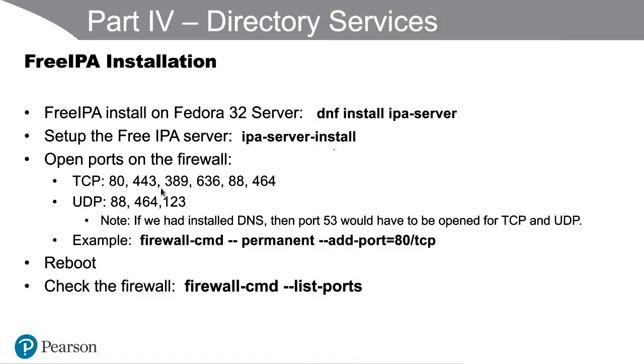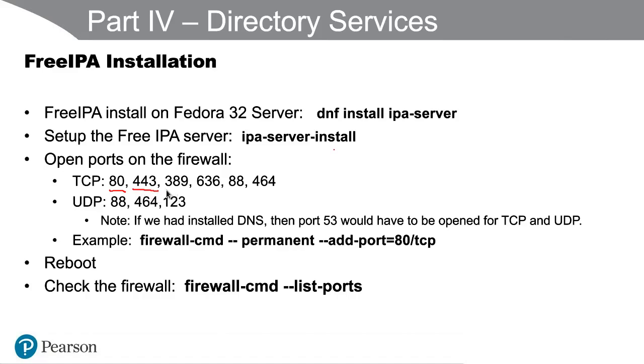And what you see here, we have port 80. Port 80 is HTTP, and that's for web server access, which we will show real quick. Then we have 443, which is also for web server access. That's HTTPS.